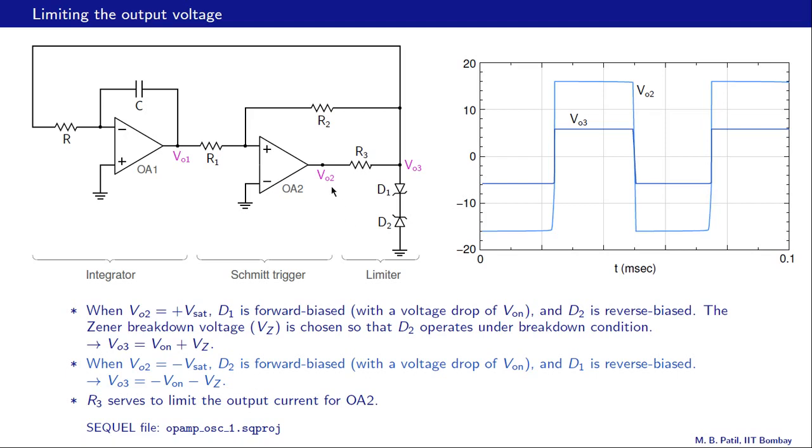When VO2 is high, let's say this is our VO2 level, the high level, then D1 conducts in the forward direction, D2 conducts in the reverse breakdown mode, and then VO3, this output voltage, is Von plus Vz, Von appearing here and Vz appearing here.